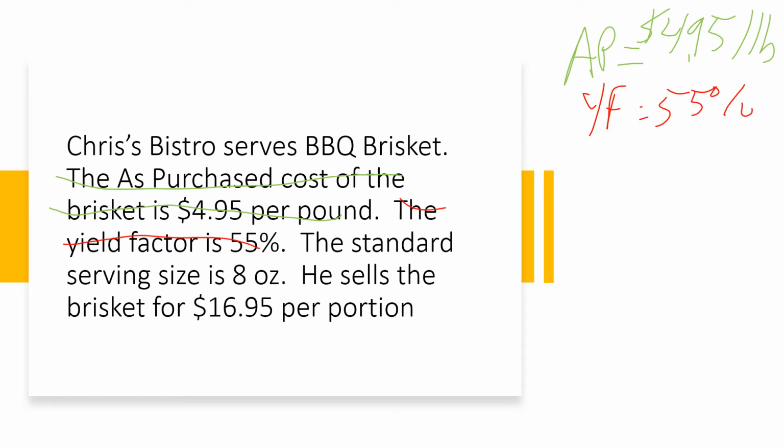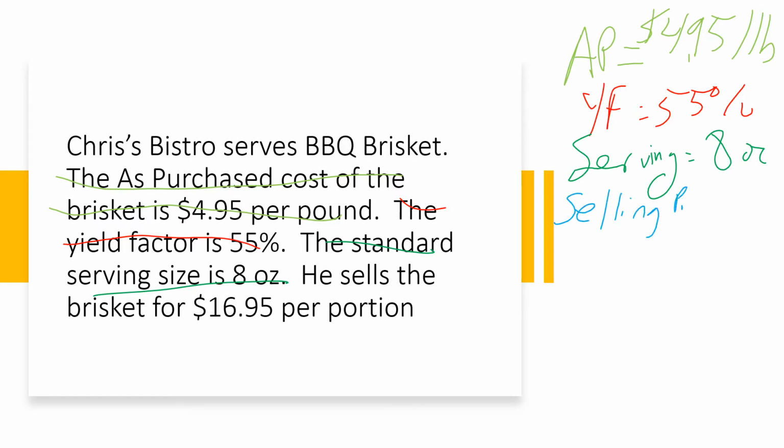What's the next sentence? Serving, meaning my standard portion size is what? 8 ounces. I cross that off. He sells the brisket for $16.95 per serving or per portion. That's my selling price. $16.95 per serving.